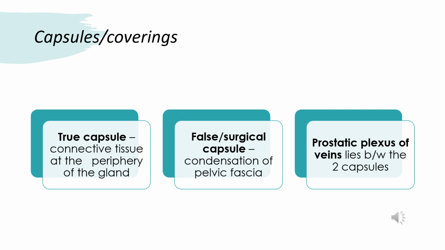External to this, you can find the false capsule, also called the prostatic sheath. The false capsule is derived from the pelvic fascia. It lies outside the true capsule and envelops the prostate gland and urinary bladder in the same compartment.